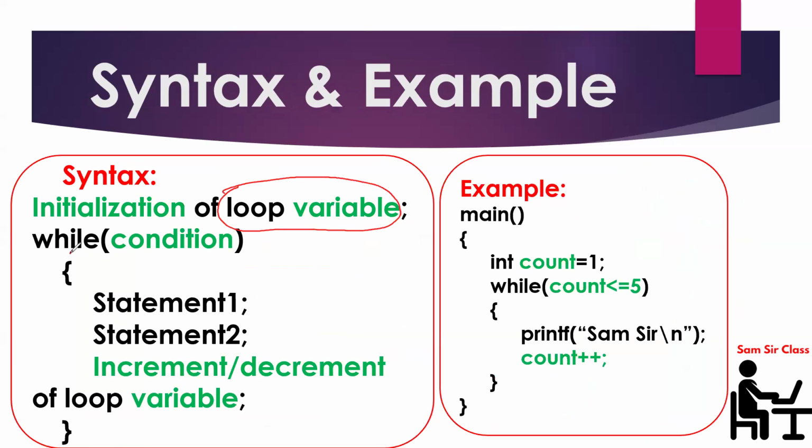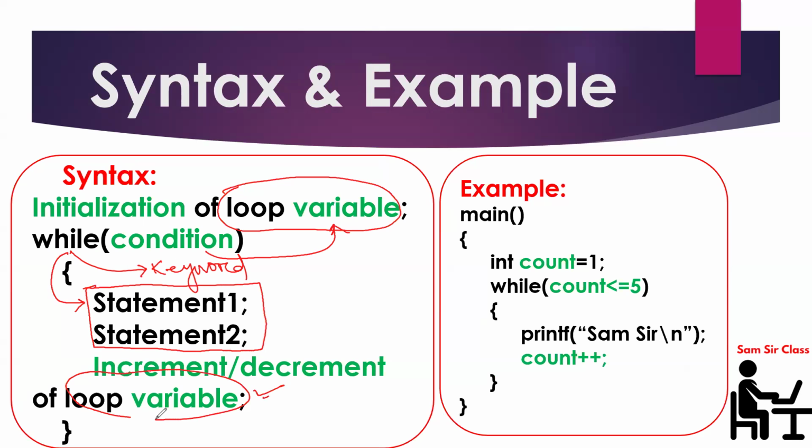Then you'll write down the keyword while, and you have to provide the condition based on the loop variable. If the condition is true, then the control will enter the while block. It will execute all the statements present inside the while block. After that, it will do some operation on the loop variable. We will also see through the example why you are doing increment or decrement on the loop variable.